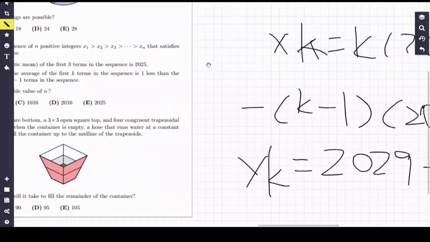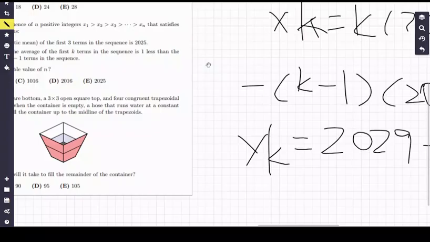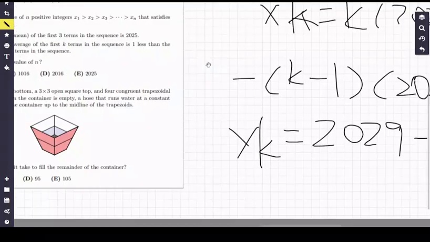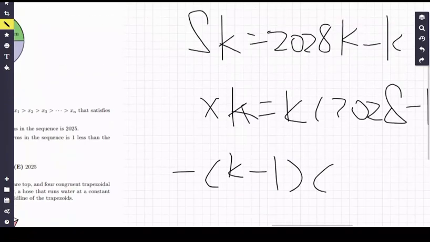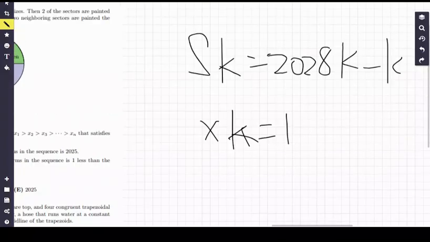Good. So now let's determine the maximum n, assuming that it's all positive. So we require x_n to be bigger than 0. Now, instead of k, we're doing x_n is equal to 2029 minus 2n. Remember that this is a justifiable function notation.